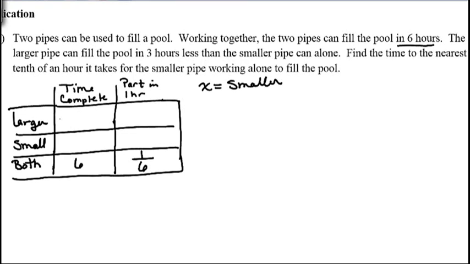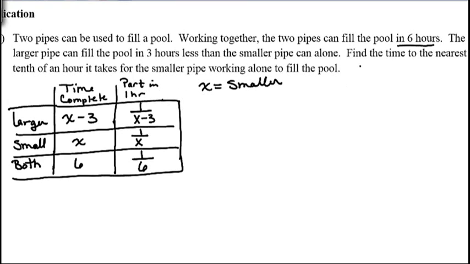And then we'll write the larger pipe in terms of the smaller pipe. And it takes the larger pipe 3 hours less than the smaller pipe, so that would be X minus 3. And then the part that the larger pipe could do in 1 hour would be 1 over X minus 3. And the part that the smaller pipe can do would be 1 over X.